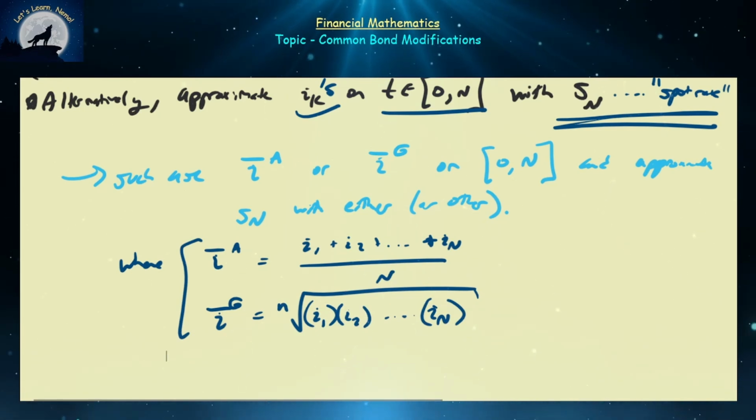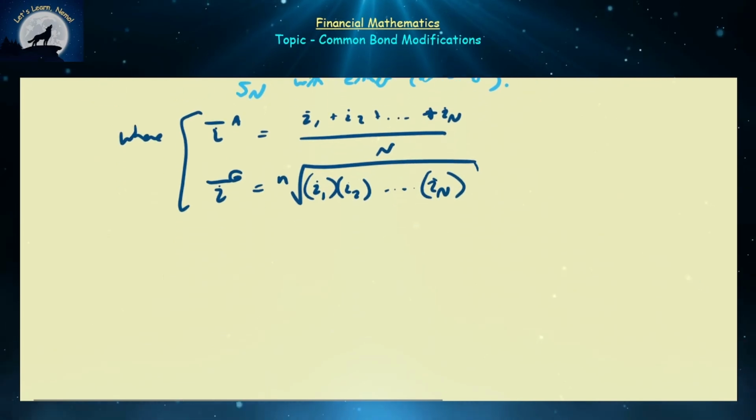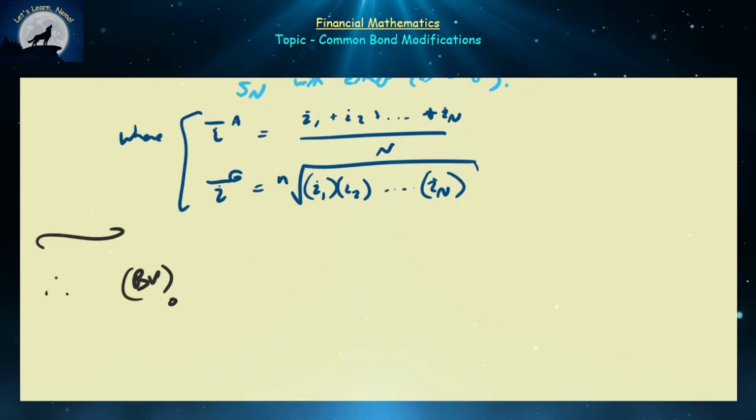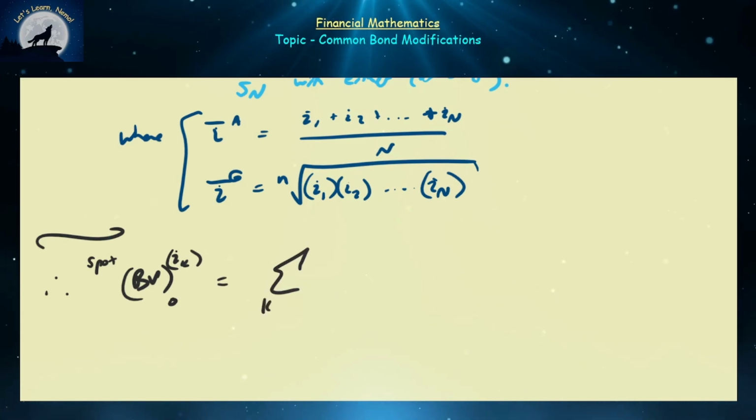So once we have these spot rates, then we can define our book value at time 0 with interest rates i_k approximated via spot rates via the sum from k equals 1 to n. And this is going to look very similar to the direct rate, but direct rates are not very useful.